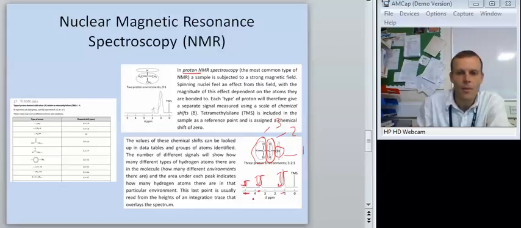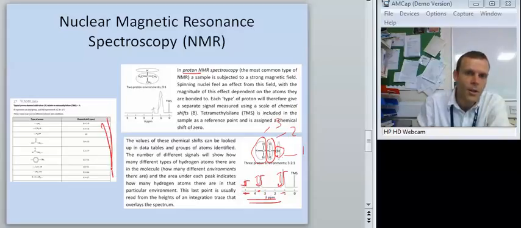And the position of these signals varies depending on their proximity to, say, the O group, because they're in slightly different environments, they appear in different places. And in your data booklet, you can look at what's called their chemical shift. Their position on that x-axis will vary depending on what they're next to, as you can see there.